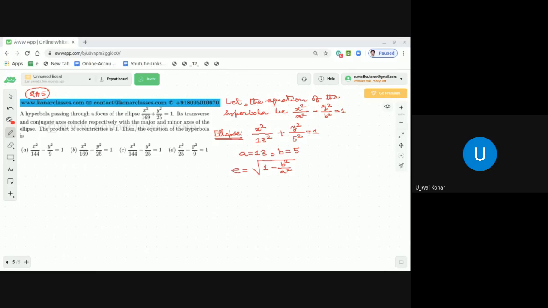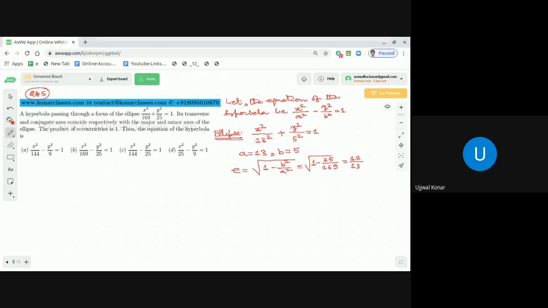So if we apply these values, that is 1 minus b square, which is 25, divided by a square, which is 169, we get the value of e as 12 by 13 for the ellipse, which is less than 1, perfectly fine.